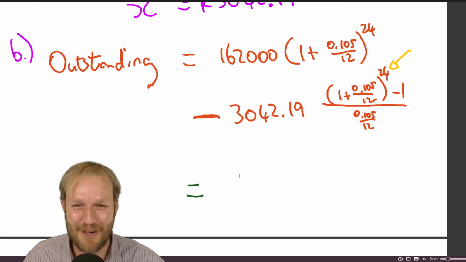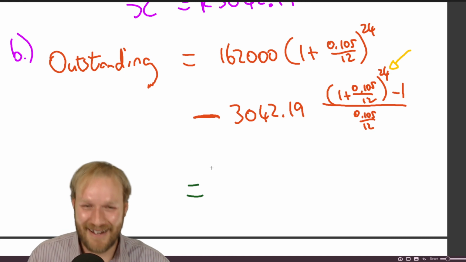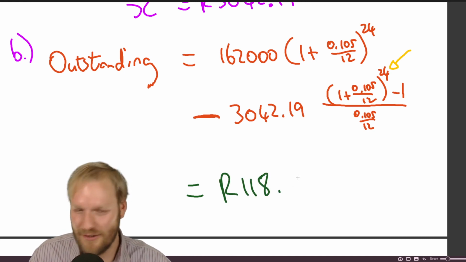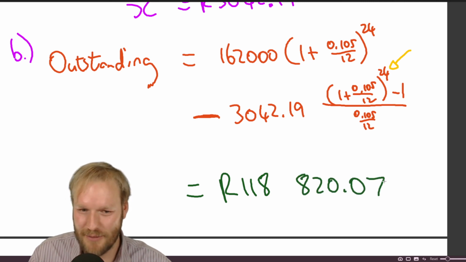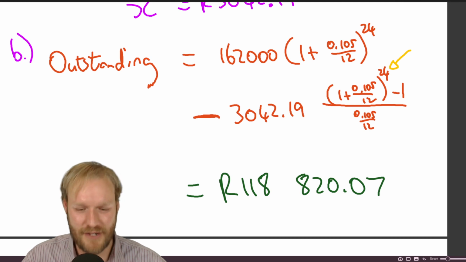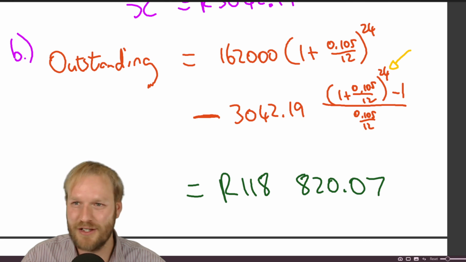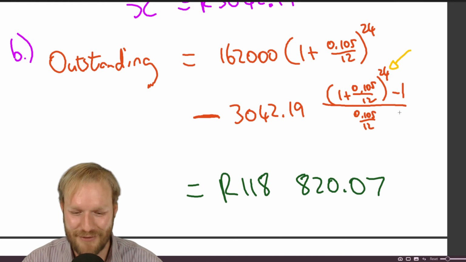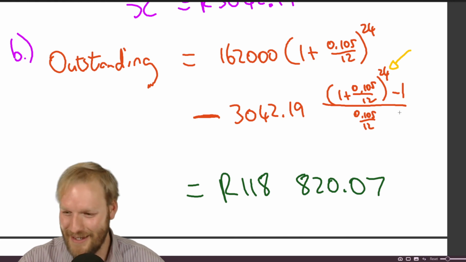The answer I get is 118,820.07. Hopefully that's what you get as well. Let's just check. Yeah, that's what I got. 118,820.07. There's your final answer, and that's the last bit.